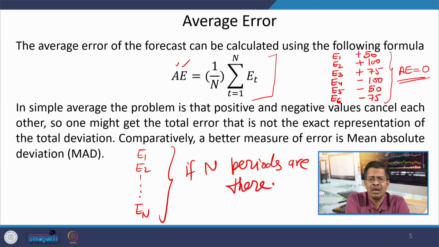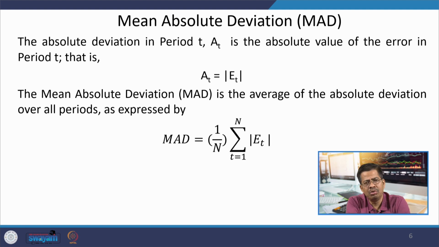So, we need average error because it is very simple, and average error should be as minimal as possible, but we cannot rely only on average error because there are positives, there are negatives, and positives and negatives will cancel out. Then we have to resolve this particular issue.